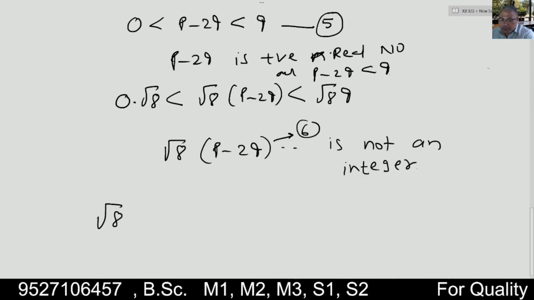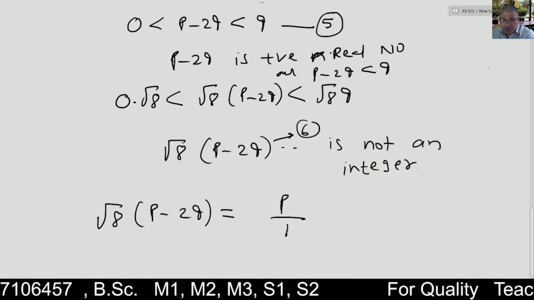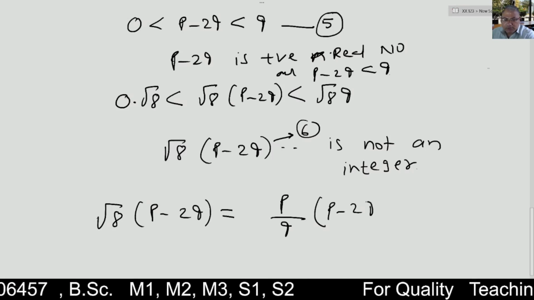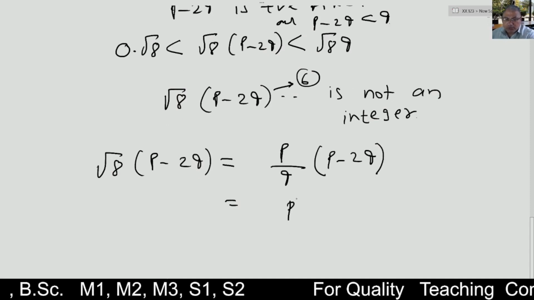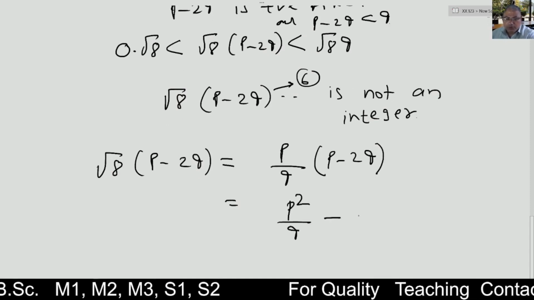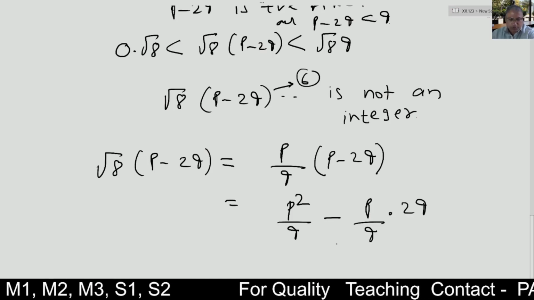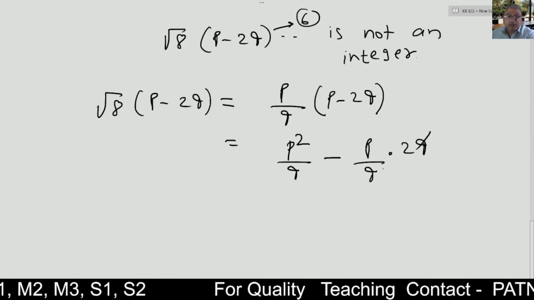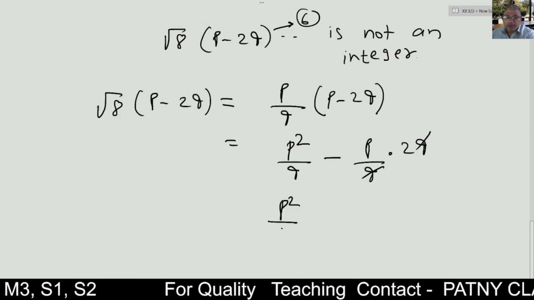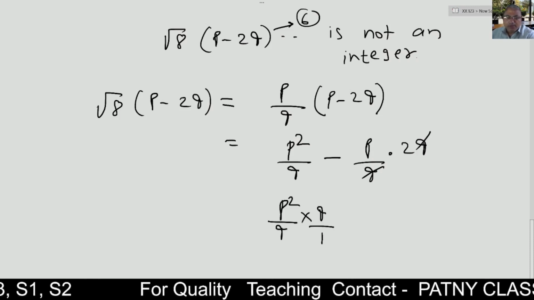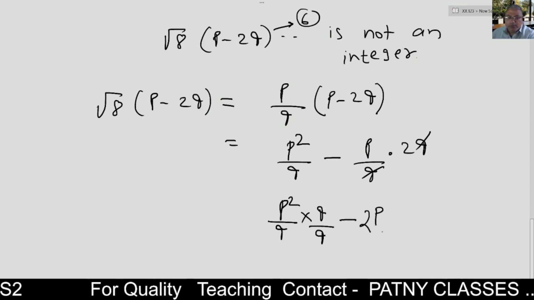Now root 8 into p minus 2q, root 8 is nothing but p upon q, and here is p minus 2q. Now we are going to open the RHS. We get p squared upon q minus p upon q into 2q. Now q gets cancelled here, and here p squared upon q, I am multiplying and dividing by q, minus p and 2 got multiplied, therefore 2p.